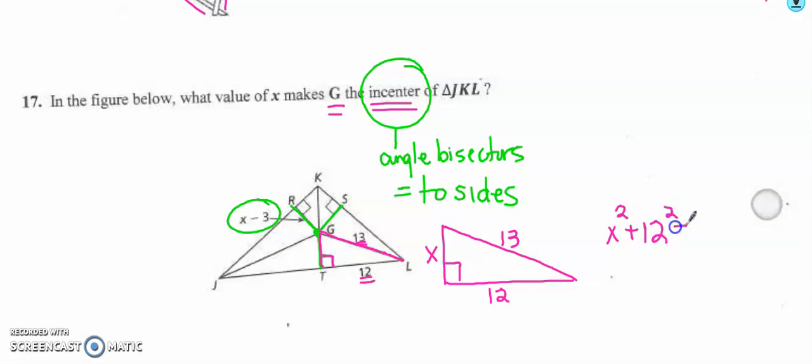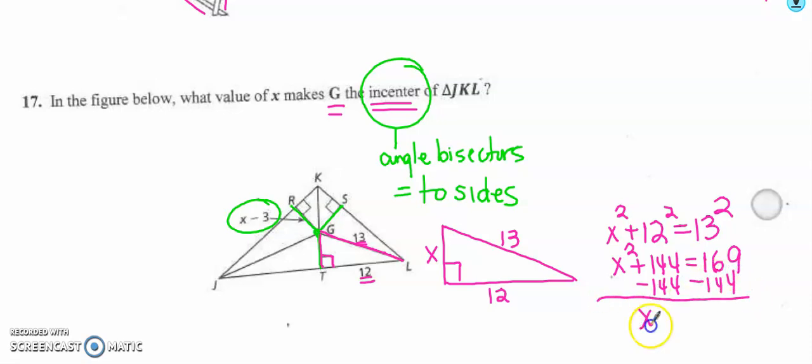So when you use Pythagorean theorem, you're going to do x squared plus 12 squared is 13 squared. x squared plus 144 is 169. Subtract 144. x squared is 25. x equals 5.